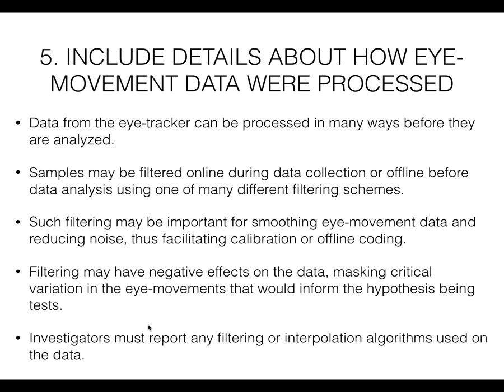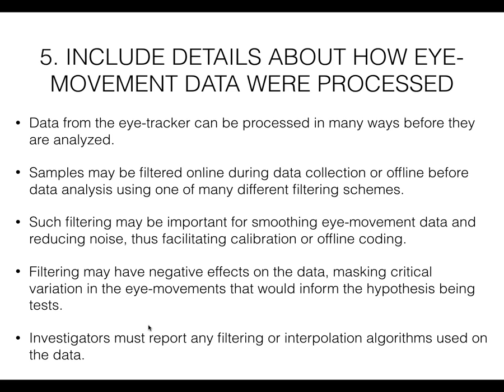Are they doing some sort of offline coding or offline filtering of your data? Again, it depends on the company. Some companies do this and don't tell you. Some do this and do tell you, and other companies don't do filtering.